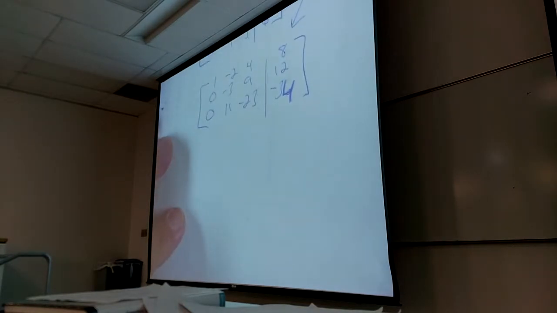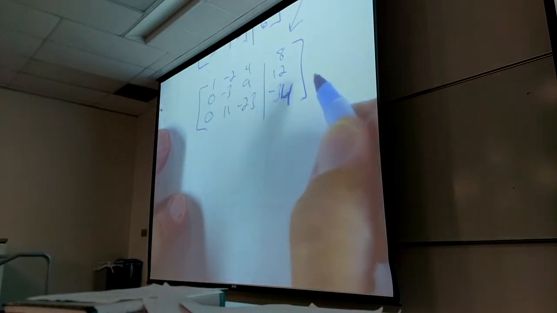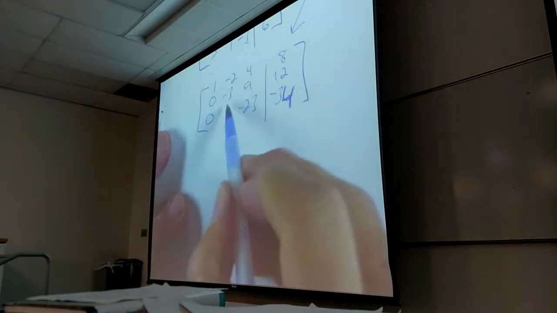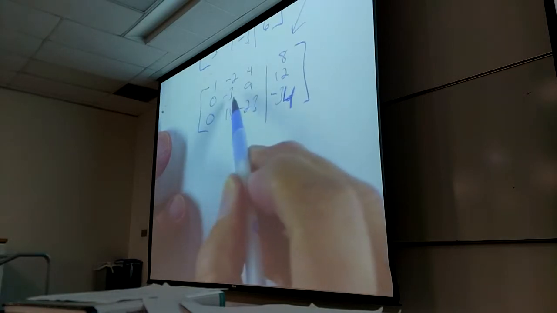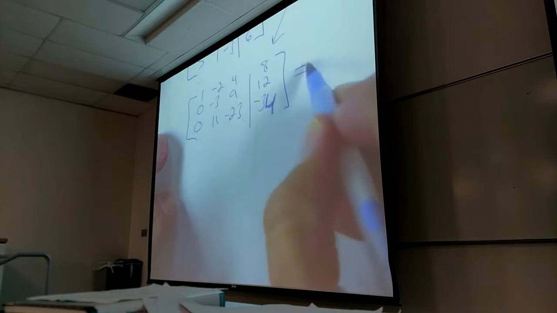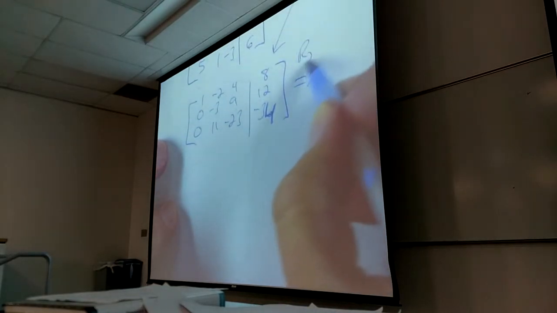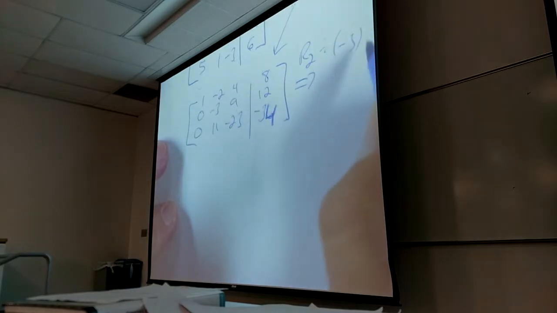All right. Now come at me with what you're trying to say. What could I do with this row? And why is that doubly good? I'm making all the numbers smaller, but I'm also making a 1 here. That kicks ass. So I'm going to do row 2 divided by negative 3 to put the answer in row 2.